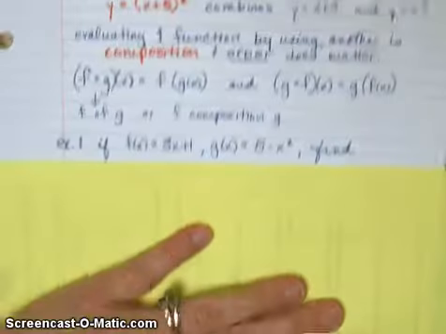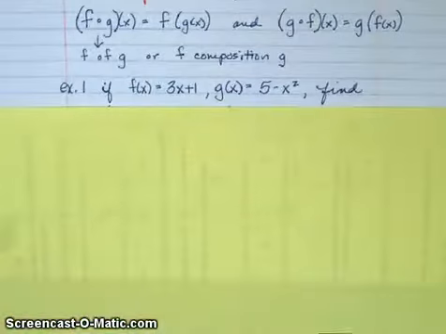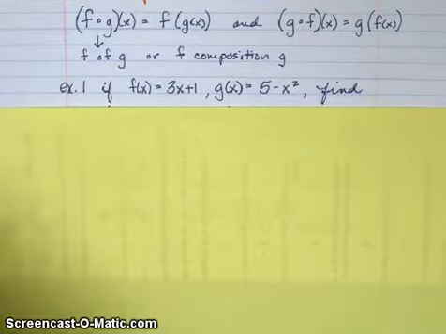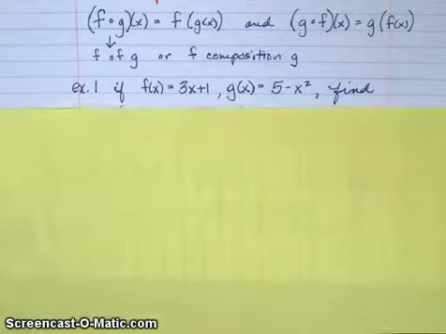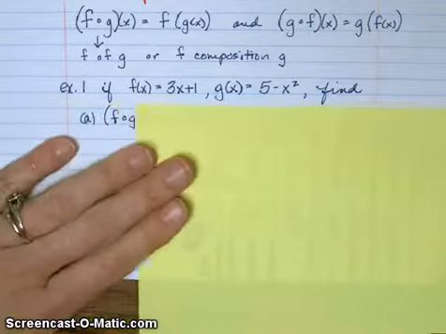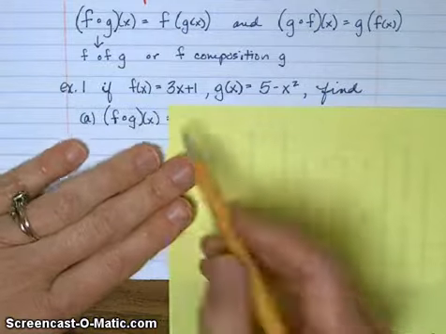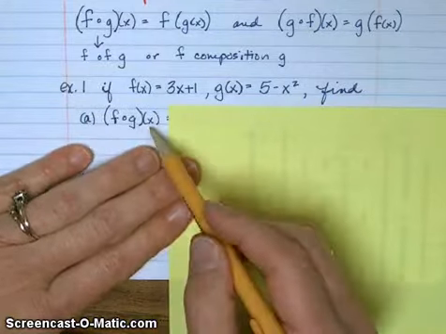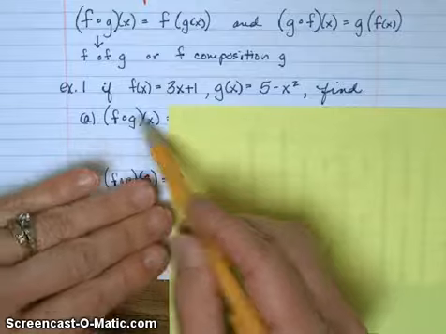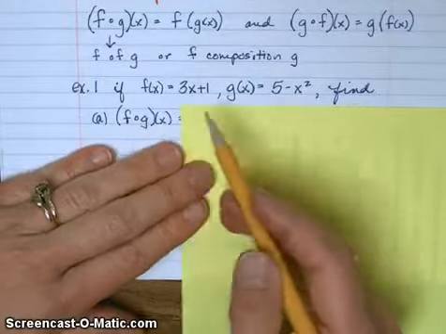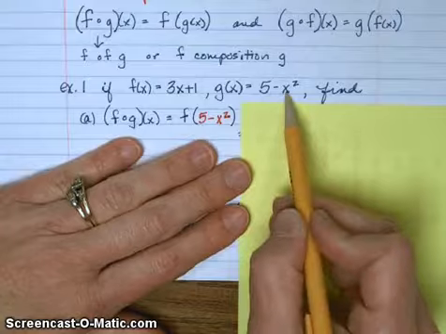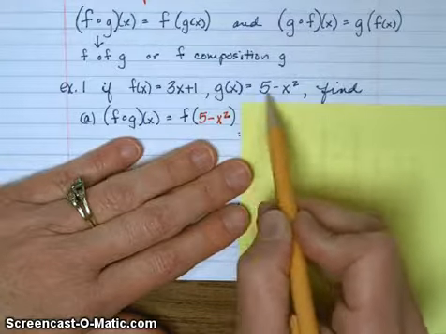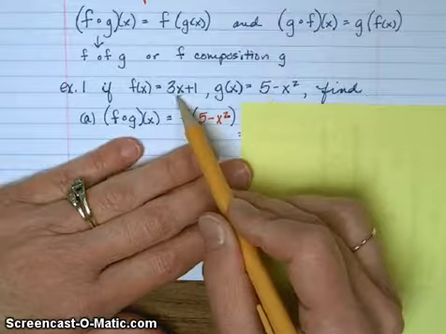Example 1: if the function f is 3x plus 1 and the function g is 5 minus x squared, I first want you to find f composition g. That means I'm putting g into f. I'm going to take the function g, the 5 minus x squared, and plug that in to f where I see x.